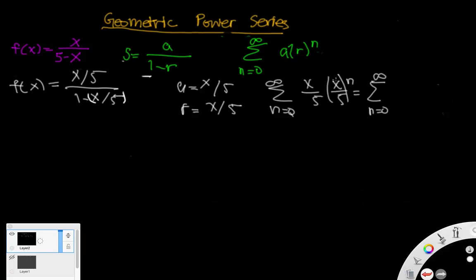So basically we're multiplying x to the first power times x to the nth power, so we add the exponents and get x to the n plus 1 power. And the same is true for the bottom. It's going to be 5 to the n plus 1 power. And there we have our geometric power series.